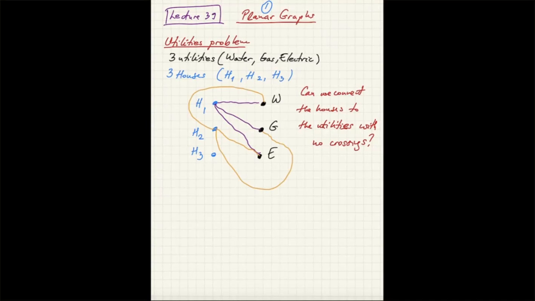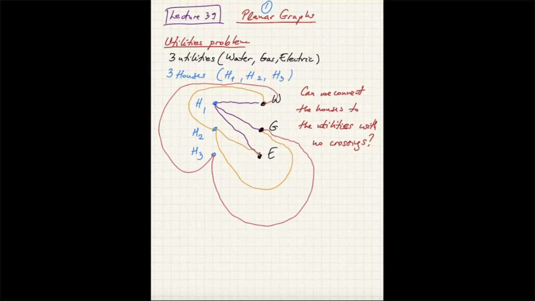Now we're left with the last one, house three, and we'd like to connect this one to the other ones. We can connect it to gas this way, and we can connect it to water.